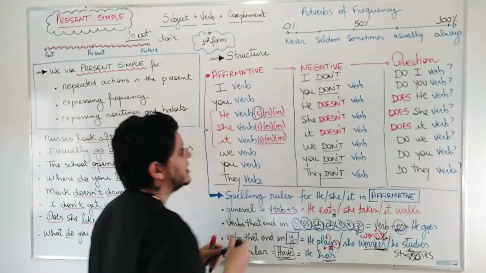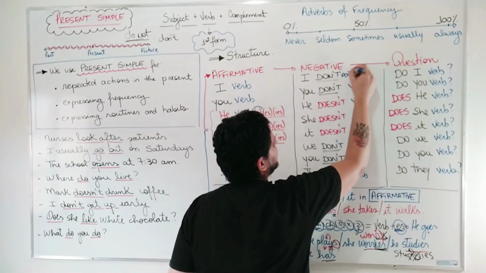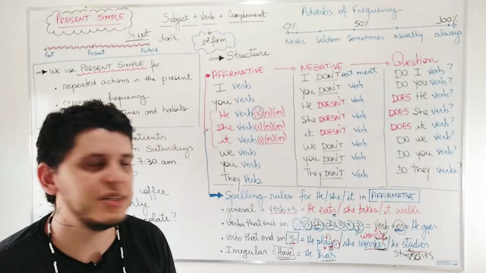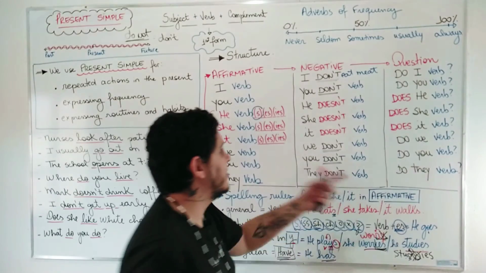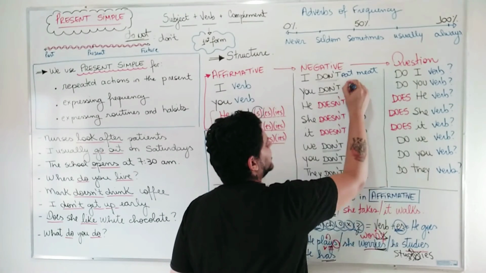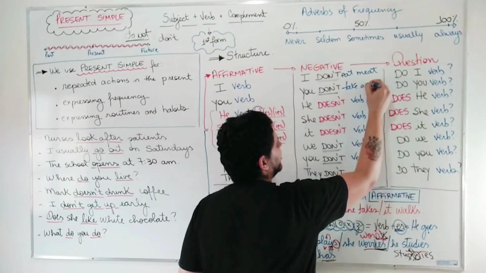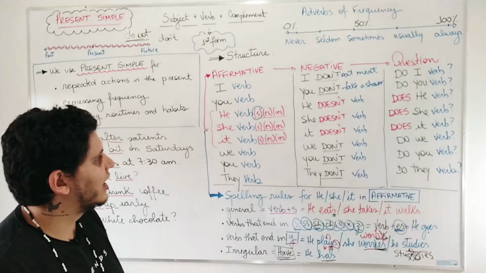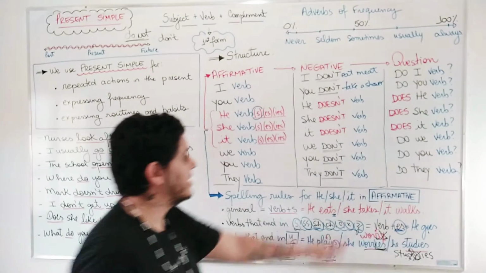Let me write this as an example. I don't eat meat. "Eu não como carne." I don't eat meat. "Você não toma banho." You don't take a shower. "Nós não caminhamos."